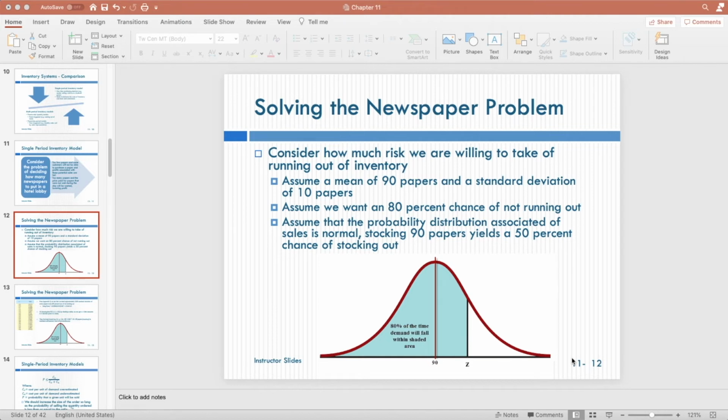Further, no matter which type of normal distribution, whether a standard normal distribution or a general normal distribution, what is the total area under this curve? Remember that? The total area is 1.